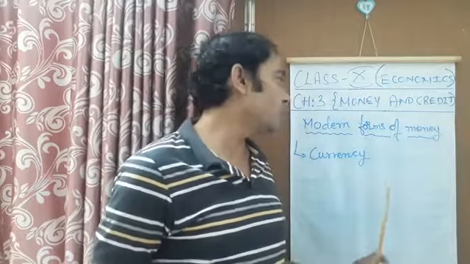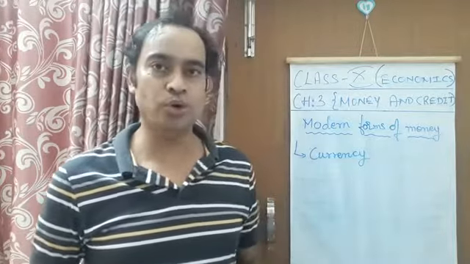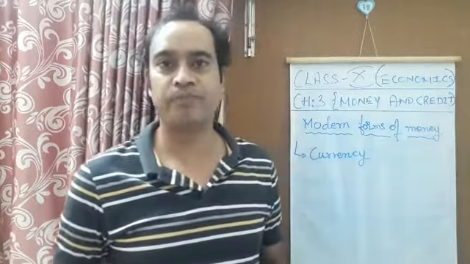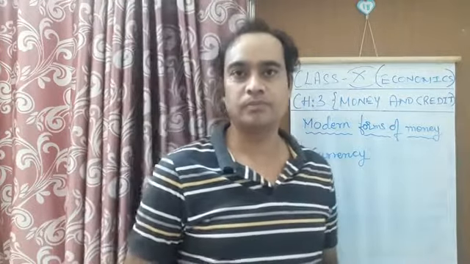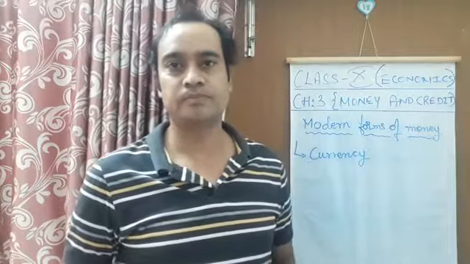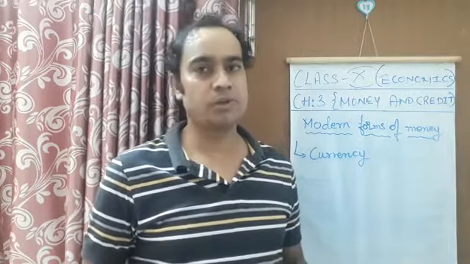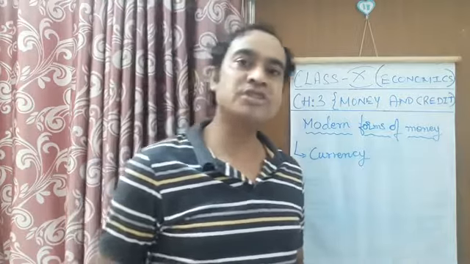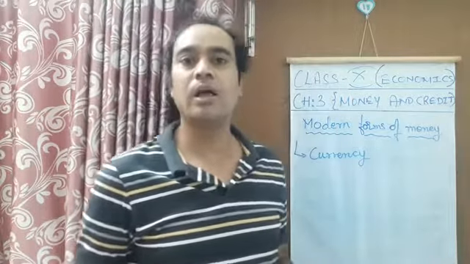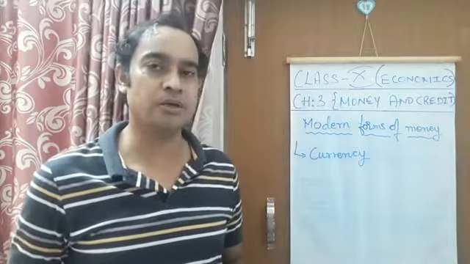But I just want to tell you, just before this also, in the beginning, what type of currency was there? Today we have paper money, paper notes, and metal coins. But what was the particular material which was used as money in the beginning?